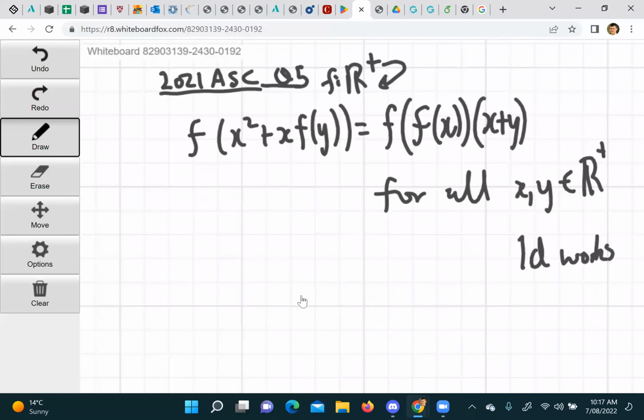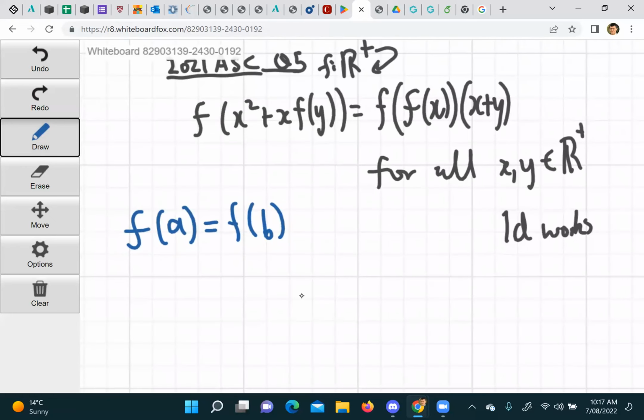Okay, let's go. So if you sub f of y1 equals f of y2, right? I'll do a, b. So you sub y equals a and y equals b in both. And you basically get that f of x times x plus a equals f of x times x plus b.